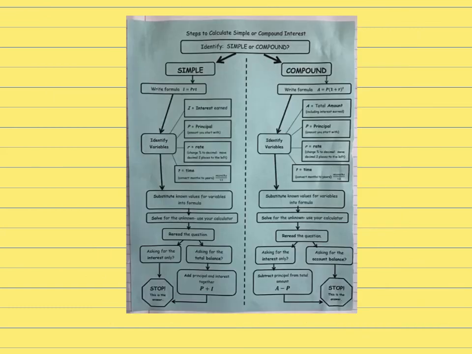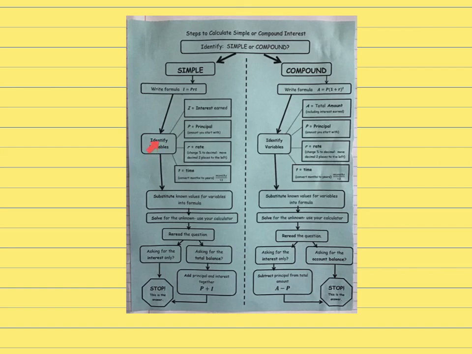All right, so again, we have this handout that was at the beginning of the video. Now it might make a little bit more sense, but what we're saying is first identify if the question wants simple or compound interest, and then you would just follow down this flow map. The first thing is once you know what you're working with, then you're going to put down your formula. We want to identify the variables.